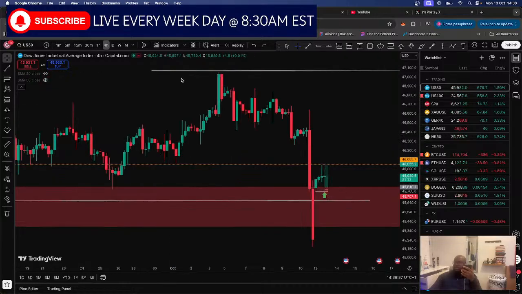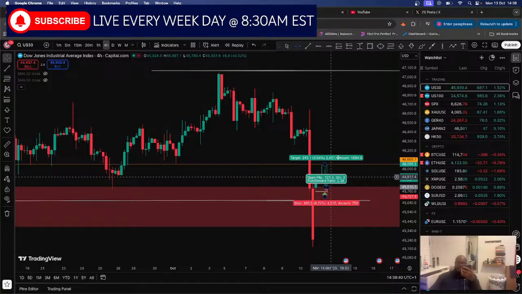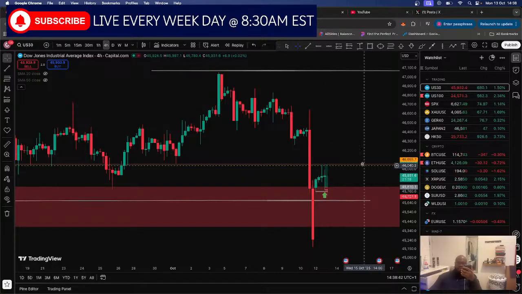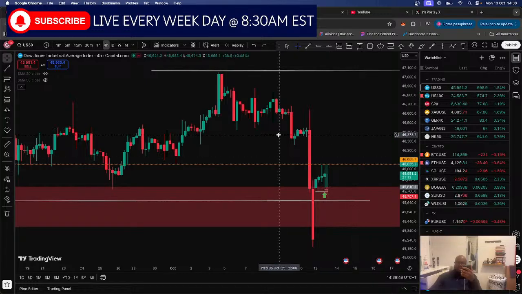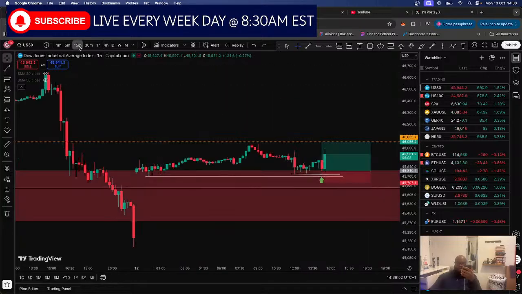It's this order block level that's really causing the resistance. So once we get above it, it should be clear, but are we going to get above it? That's the question. You can't seem to get above it.